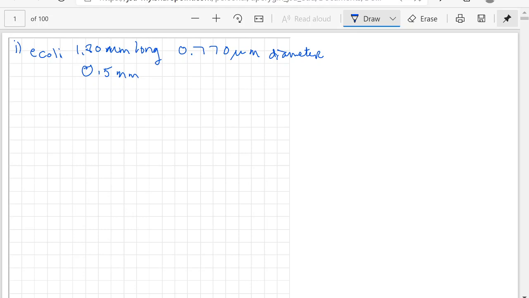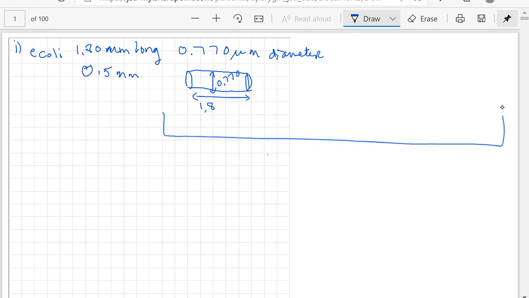So what's the catch here? We're saying that these are rod-shaped or cylindrical shaped. So a cylinder looks like this, so we're going to assume they look like a cylinder. And the diameter all the way across here is 0.770 micrometers, and the length is 1.8. So we only care about how many will fit on the head of a pin. This is not to scale, of course. A half millimeter across.